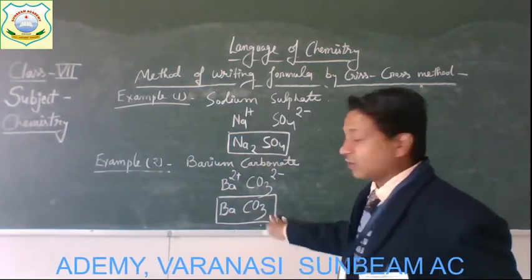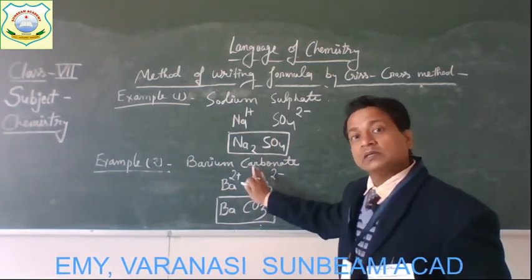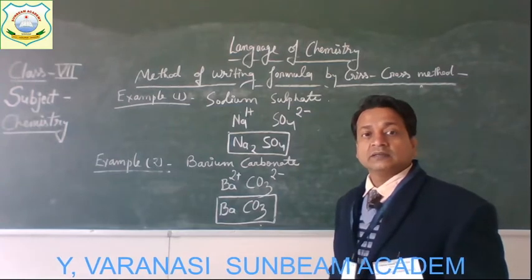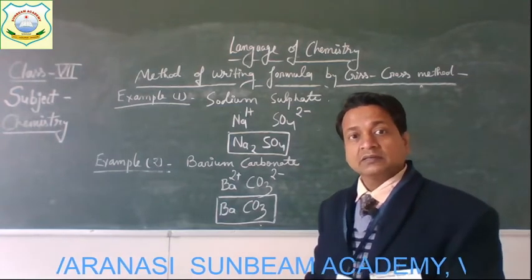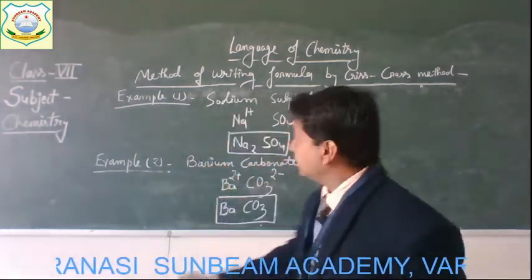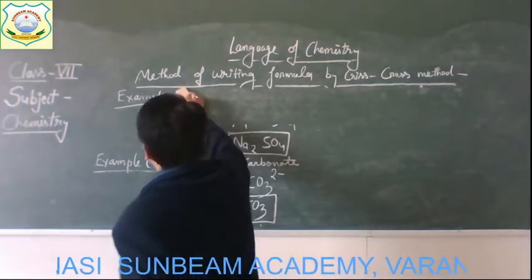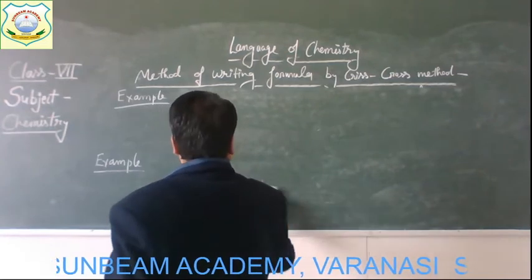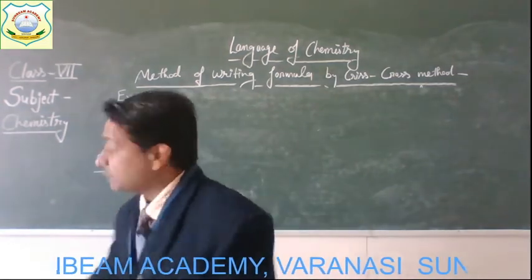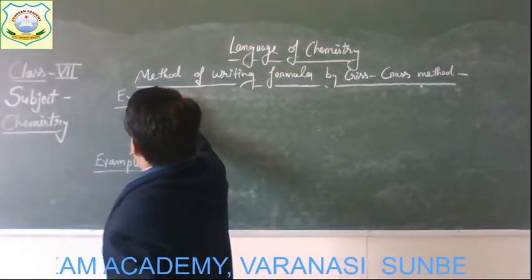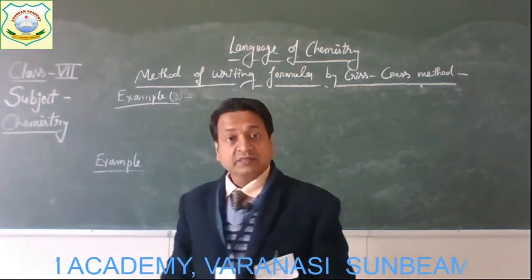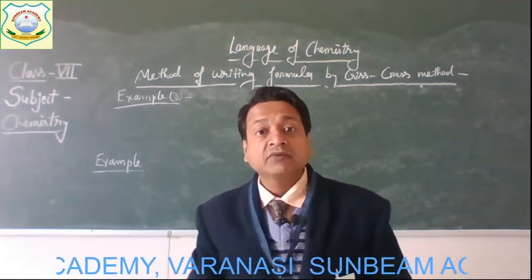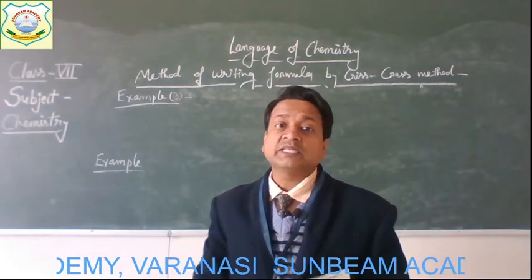So this is the formula of barium carbonate. Got it, children? Now take the next example. Example number 3: in this example we will write the formula of aluminium sulfate.